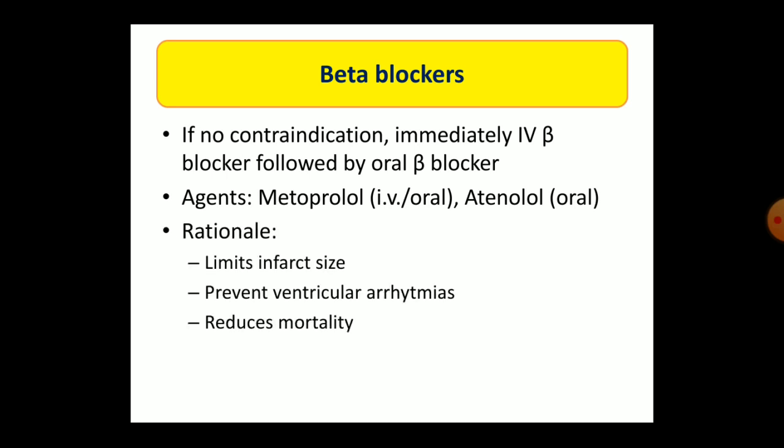And what is the rationale? We have already discussed that beta blockers reduce the force of contraction, heart rate, and conduction, so they overall reduce the cardiac work. That's why, in the evolving stage of the MI, when you give the beta blocker, it will limit the spread of the infarct size.